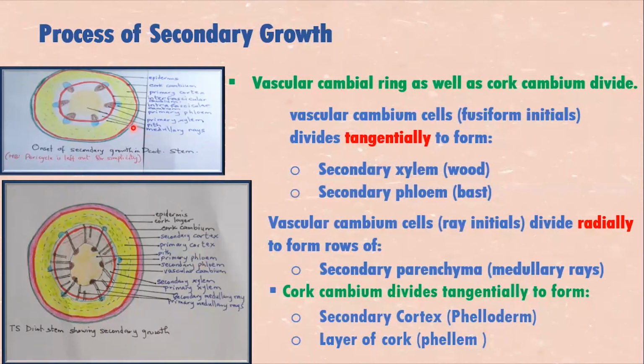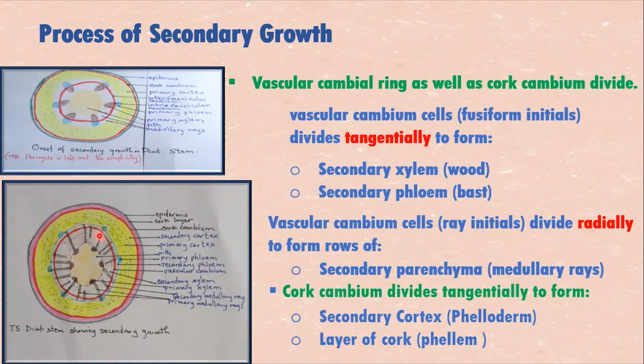And the vascular cambium divides tangentially to produce secondary xylem in here and secondary phloem out there. And then it also has cells that will divide radially to form medullary rays.